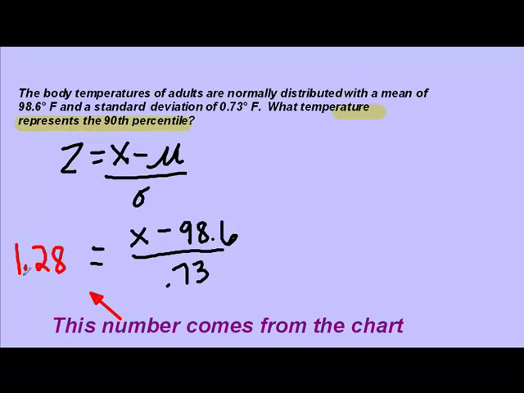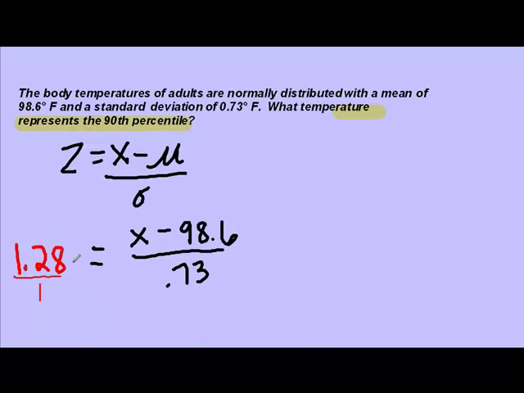Because this is a fraction and it equals something, I can put that over 1 and do a little cross multiplication. This means I'm going to take 1.28 and multiply it by 0.73. That's going to equal the product of x minus 98.6 times 1.